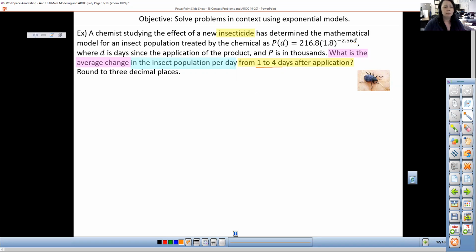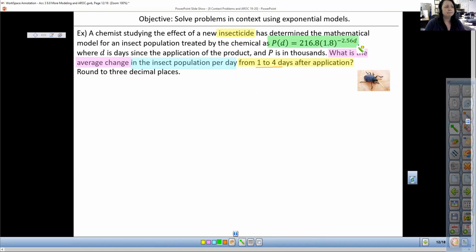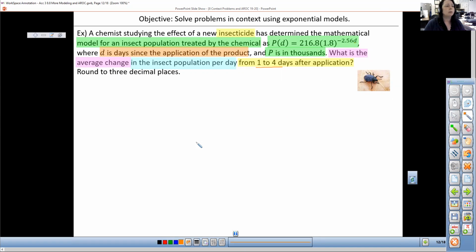So we have this model, P of d, and we know that this model is for an insect population that are treated by this chemical. We know that D is days since the application of the product. Ooh, look at this. We also know that P, which is P of D, is in thousands. That thing that might have tripped you up on the previous problem.